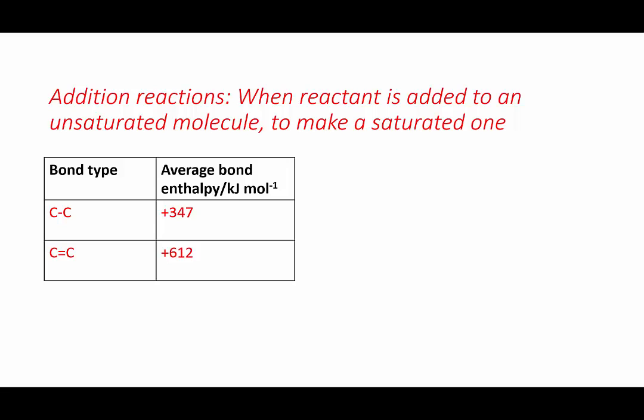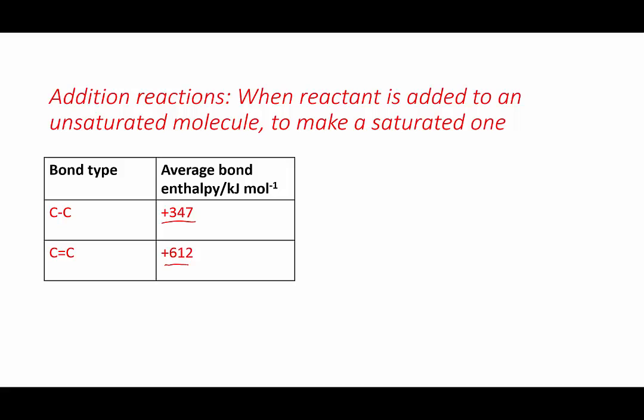So let's just talk about the bond strengths of single carbon-carbon bonds and double carbon-carbon bonds. What I've got here is the bond strength for both a single and a double. As you can see, the bond strength for a single is 347 kilojoules per mole, an average bond enthalpy, and we've got an average bond enthalpy of 612 kilojoules per mole for the carbon-carbon double bond.